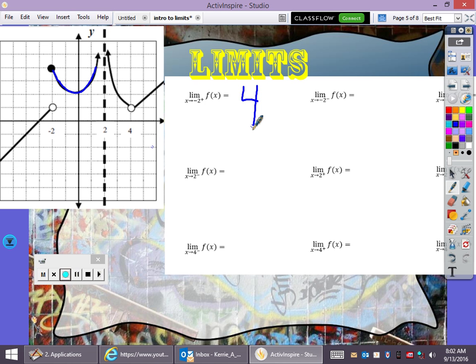When x is -2, okay, here's -2, the graph on the right-hand side is at what value? 4. You want to give the y value. Okay, the y value. Okay?